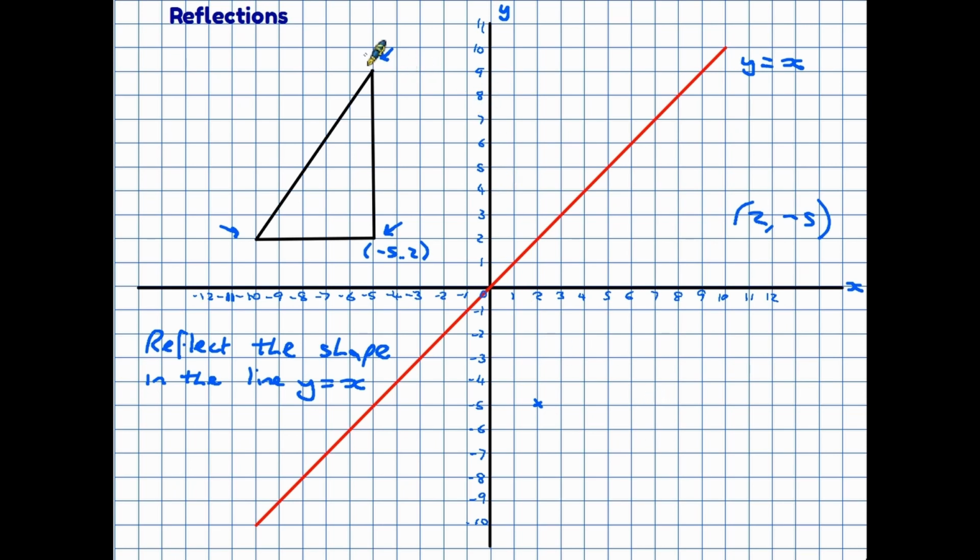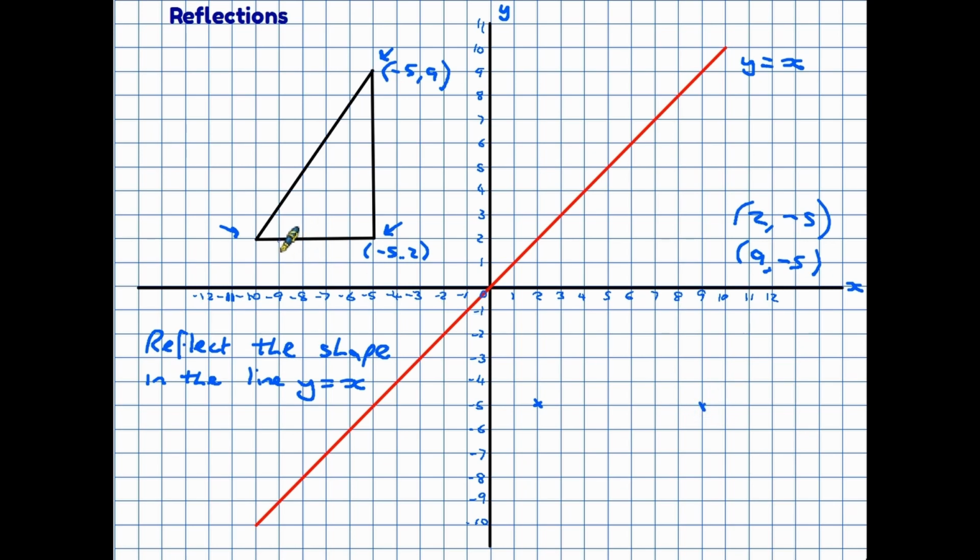The second corner, let's use the top one here. Well, this is at -5, 9. Therefore, let's do the same again, swap them round, and we will end up at 9, -5. So that's going to be the coordinate of the next point on the triangle. So let's go 9 and then -5, which puts the corner there.